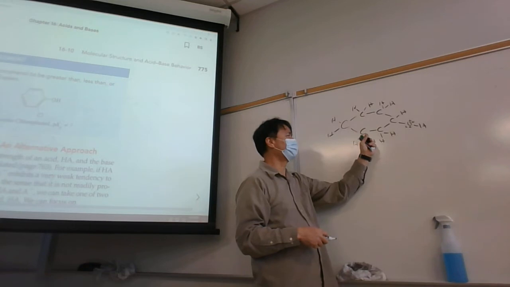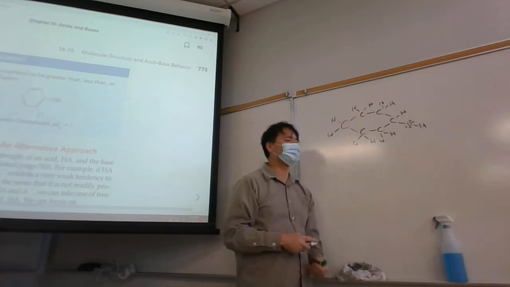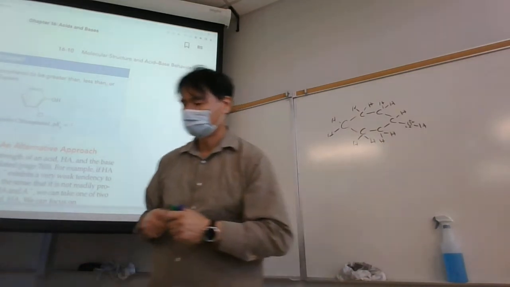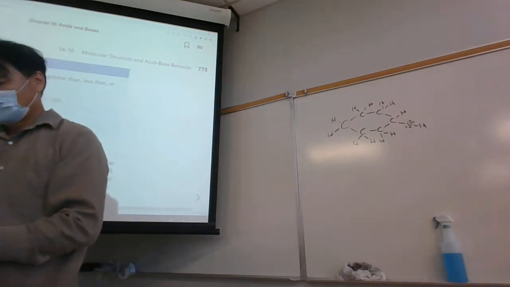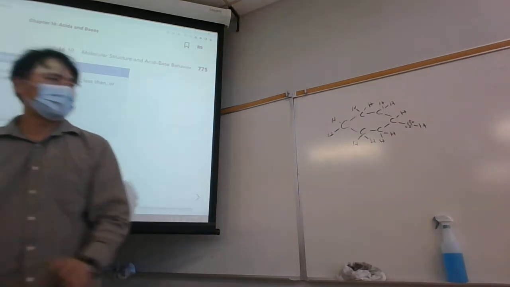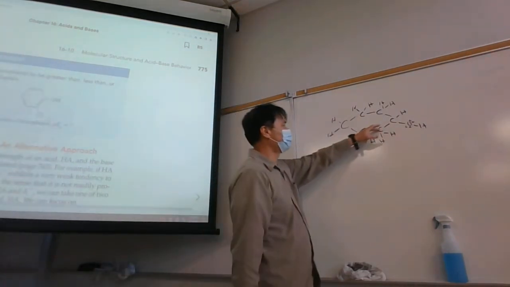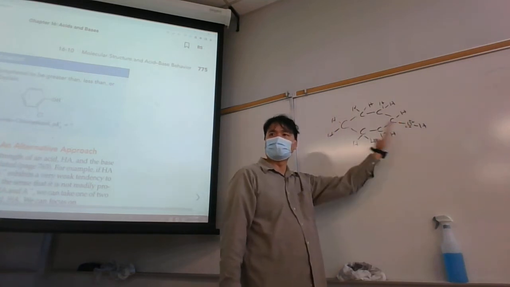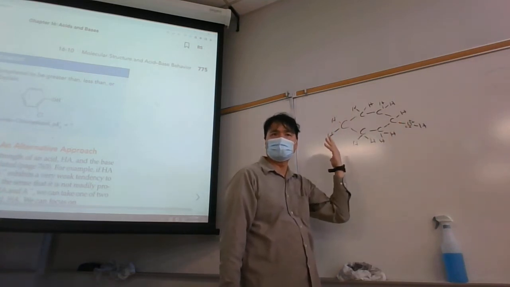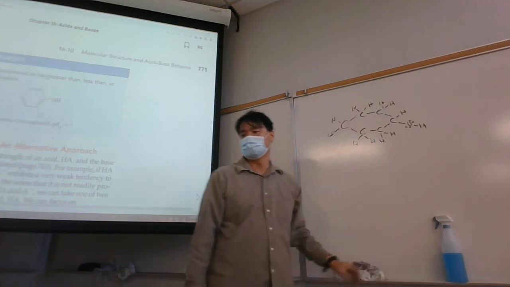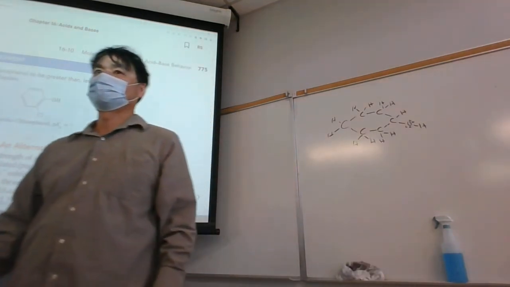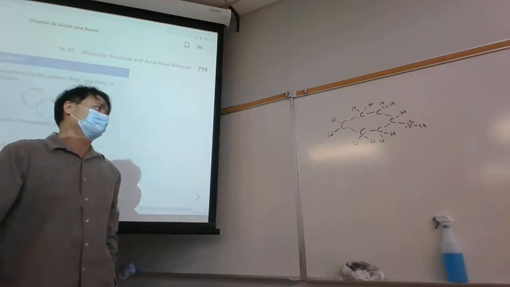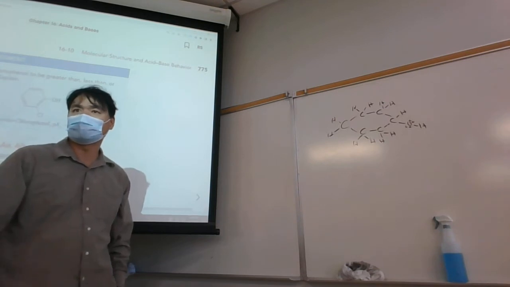This would be cyclohexanol. We call it cyclohexanol. What do you think about the cyclohexane ring? Is that going to be an electron pusher or an electron withdrawer? What do you think it'll be? Electron pusher or electron withdrawer?